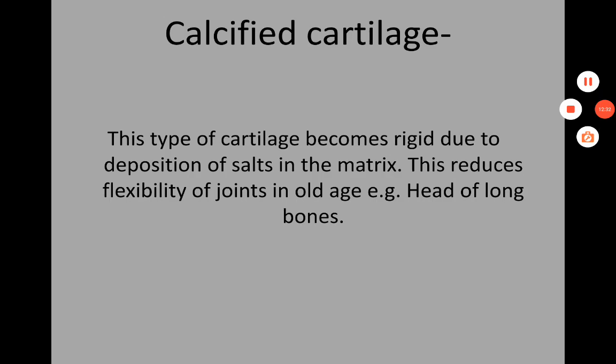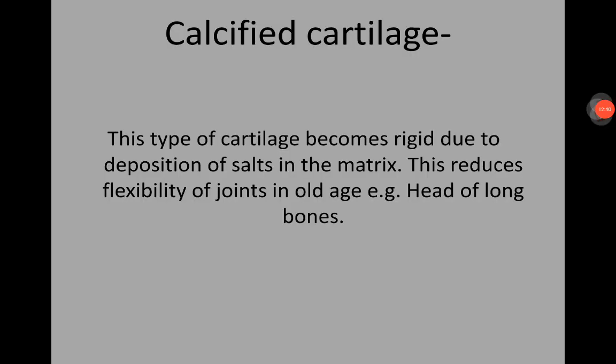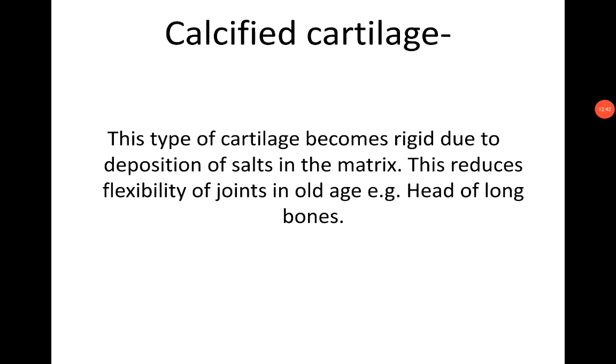There is no specific figure of calcified cartilage. The structure of calcified cartilage is separate, in old age bones. There is no detailed structure of calcified cartilage in the 11th animal tissue syllabus.